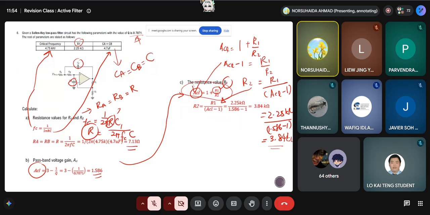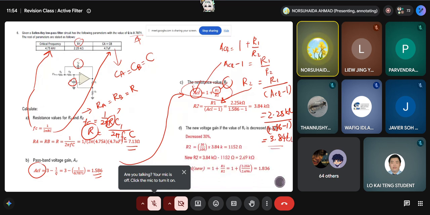No worries on that. It's just the matter of how many decimal points that you use in your calculation. It's not too much from the final answer, so should be acceptable. Like I said just now, 3.82, 3.84, 3.83, 3.81, within this value will be acceptable. No worries on that.